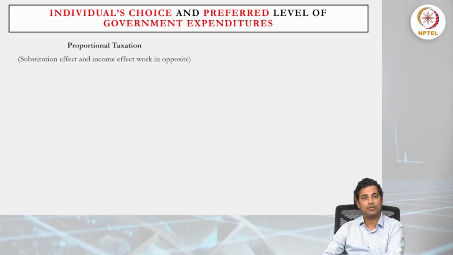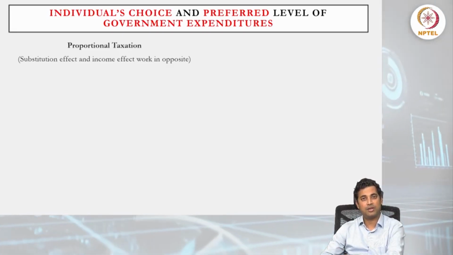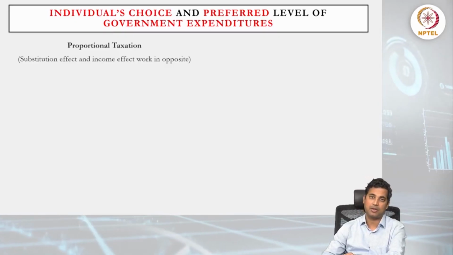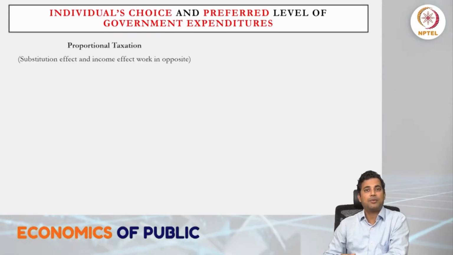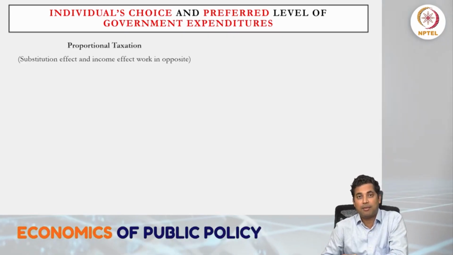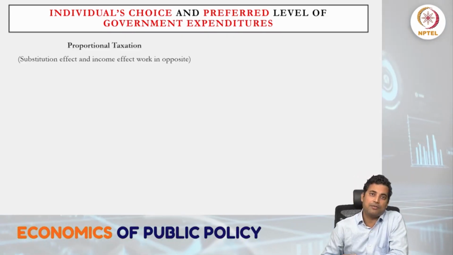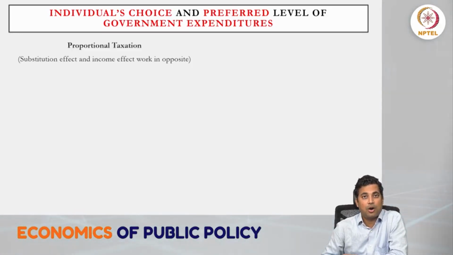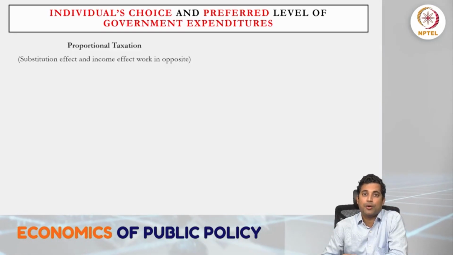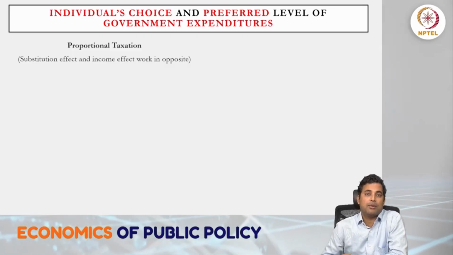That is where we also discussed perfect substitution and perfect complementarity. For perfect substitution, we took the example of tea and coffee: if they are regarded as substitute hot beverages for an individual, then that is perfect substitution.